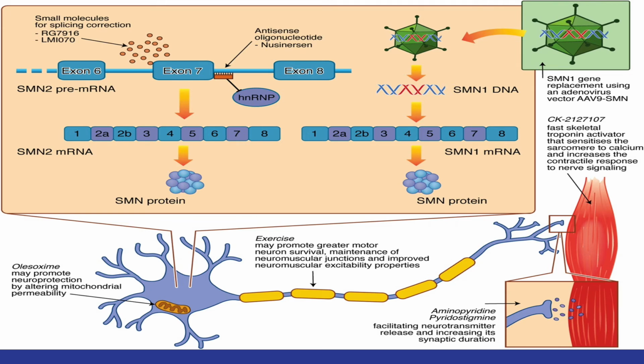Now, if you look to the picture just to the right of that, Zolgensma actually inserts the SMN1 gene into the genetic code, into the patient's DNA. This results in SMN1 mRNA and subsequent SMN protein production.